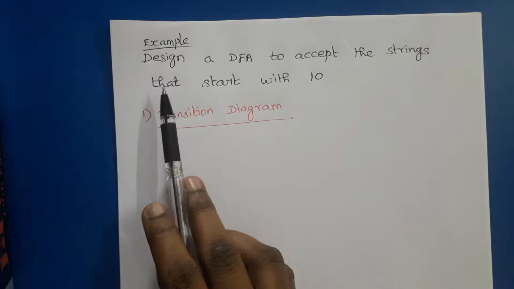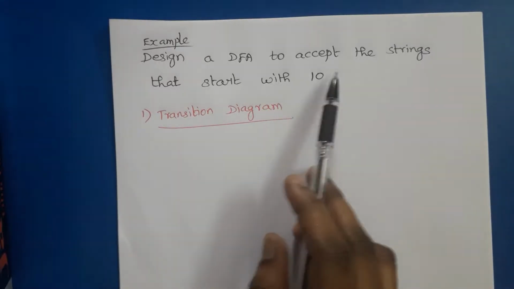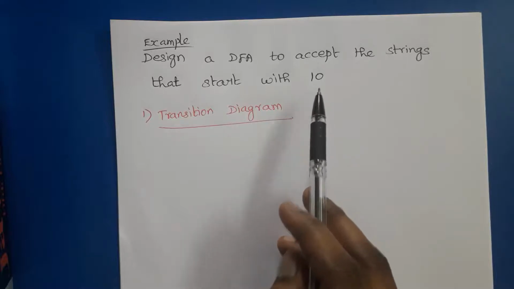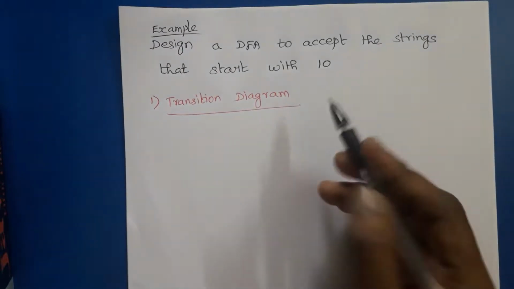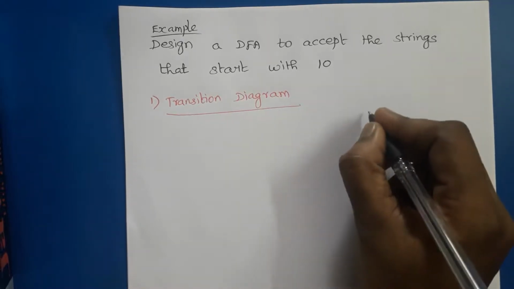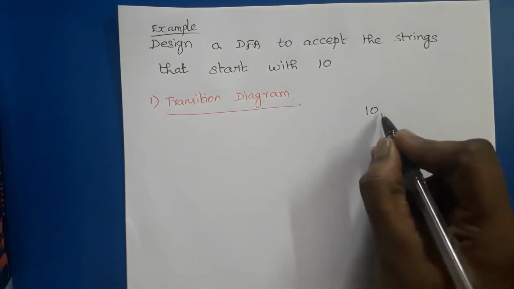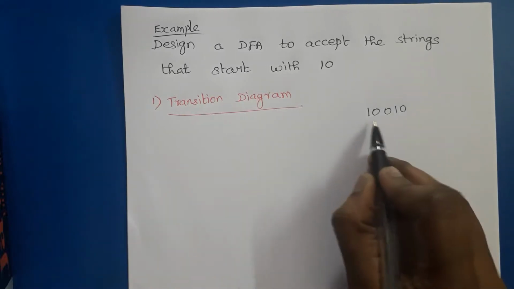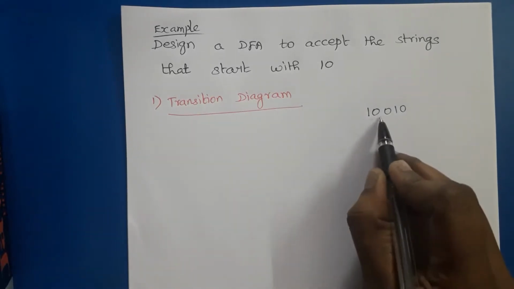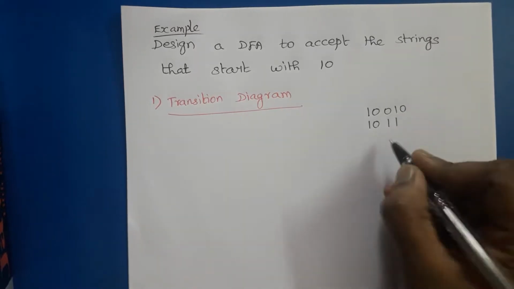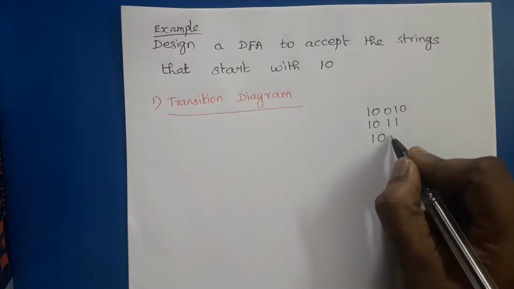Now we can see one example, construction of a DFA to accept the strings that start with 10. That is, all the binary strings that start with 10. So the string 10010 is a correct input string because this string starts with 10, or 1011 is a correct input string, 100.